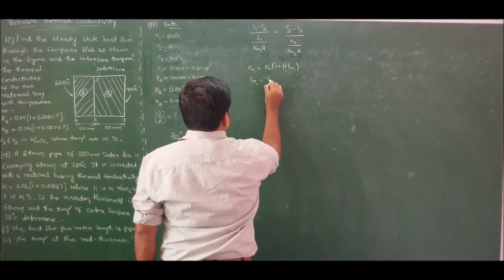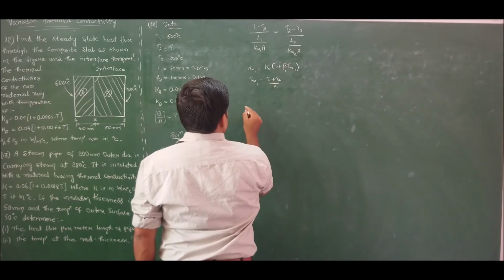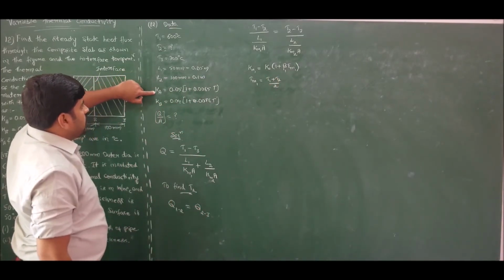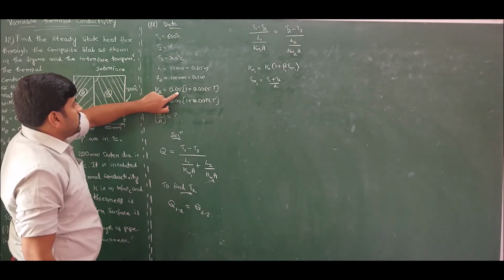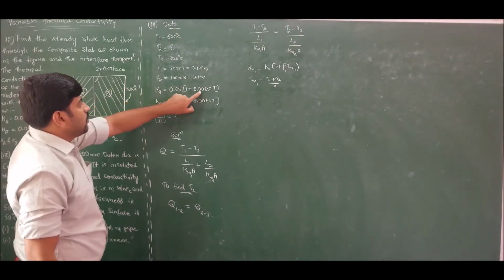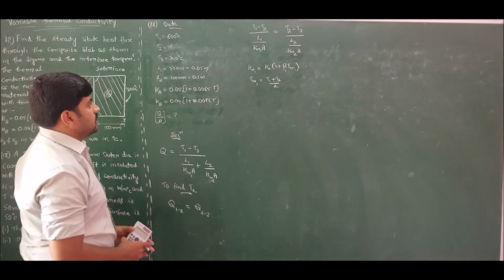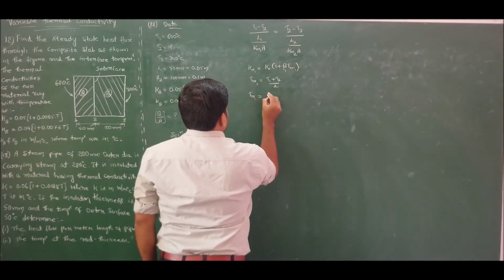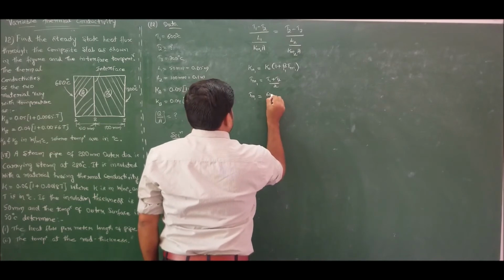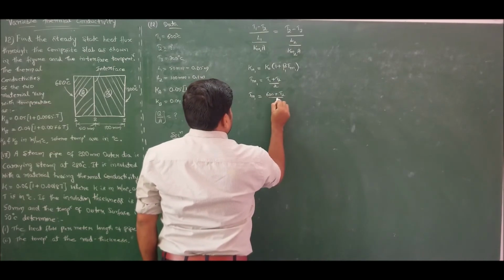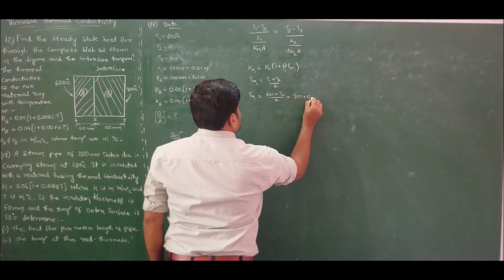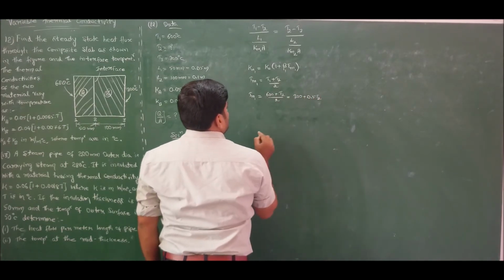T mean 1 is (T1 plus T2) by 2. We know the value of K0. K0 for 1, that is for slab A, is 0.05, whereas beta is 0.0065. So if I substitute, I get T mean 1 as (T1 is 600 plus T2 is not known) divided by 2, which can be written as 300 plus 0.5 T2.